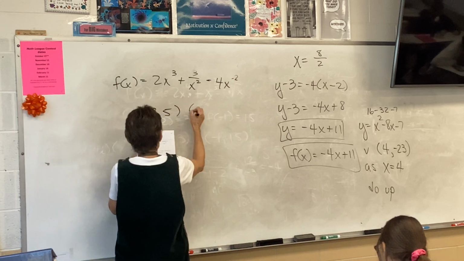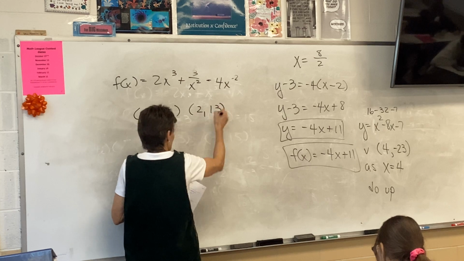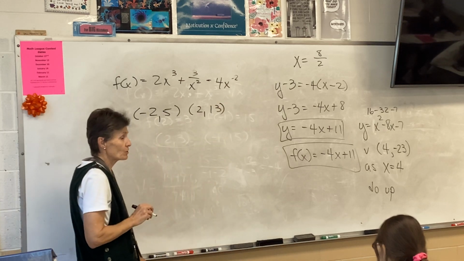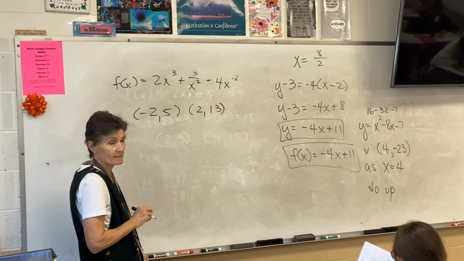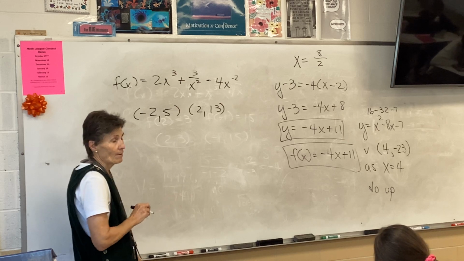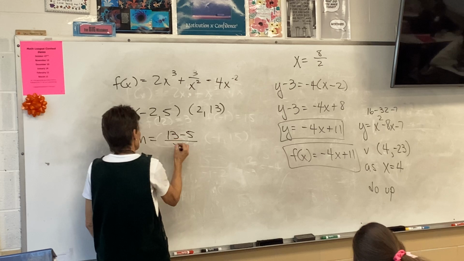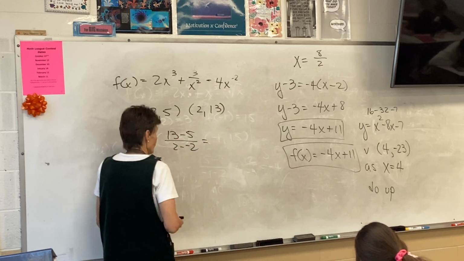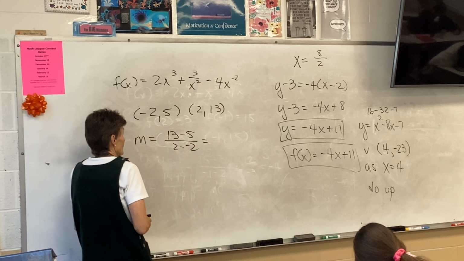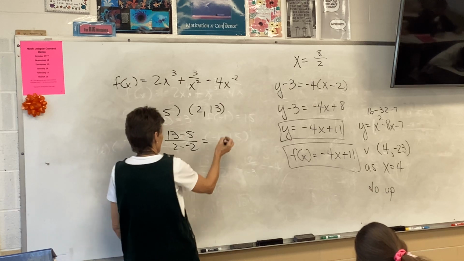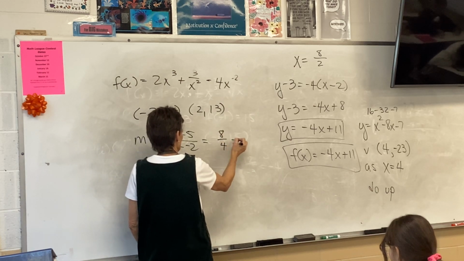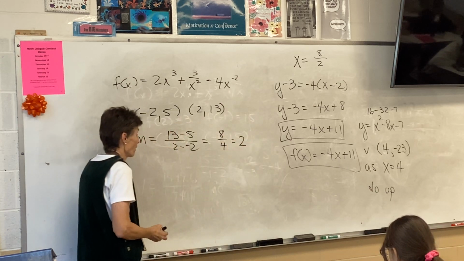Negative 2 comma 5, 2 comma 13. We just did one like this. What's step one? Slope. 13 minus 5 over 2 minus negative 2. Looks like this slope is going to be 2.